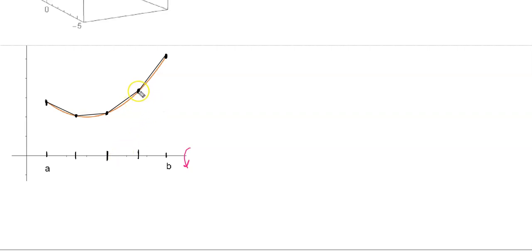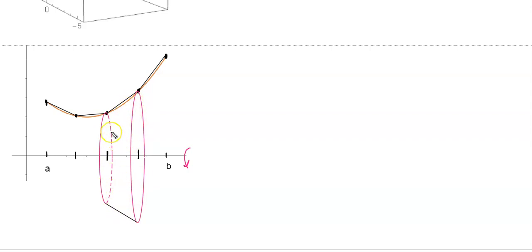So let's focus on one of these straight line segments. Let's take a look at this one right here. Now if we rotate this straight line segment around the x-axis, we'll get a shape that looks something like this. And so this is the shape that would be generated.